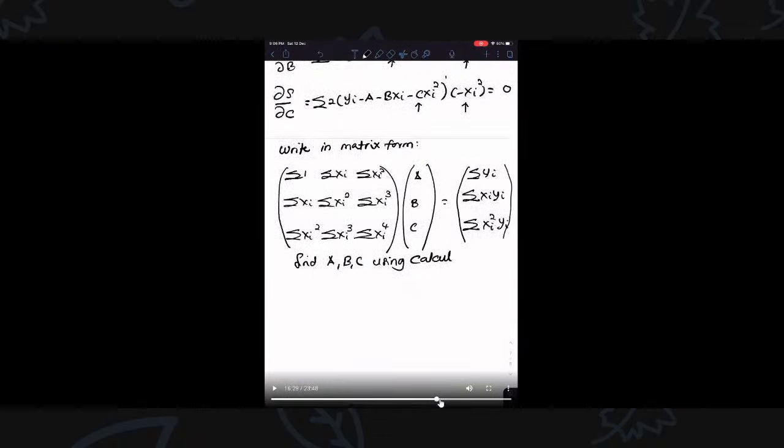We need to find the values of summation x cubed, summation x squared, and summation x squared y_i.